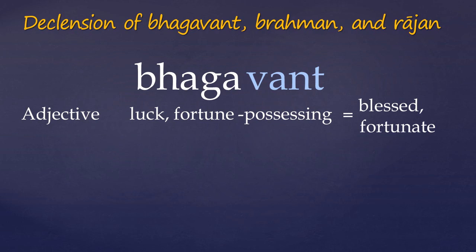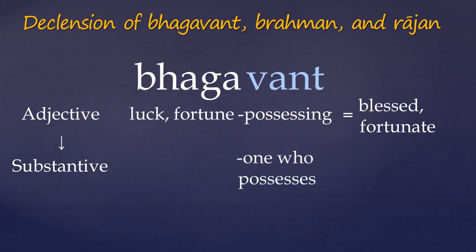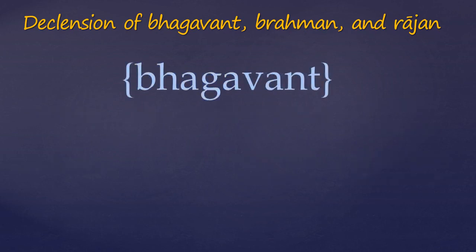Importantly, any adjective term in Pali can also stand alone as a substantive in its own right, and then means the one or the person who possesses that quality, and so from this we get the blessed one or the fortunate one. Well, that's the stem, so let's now look at how it's declined.